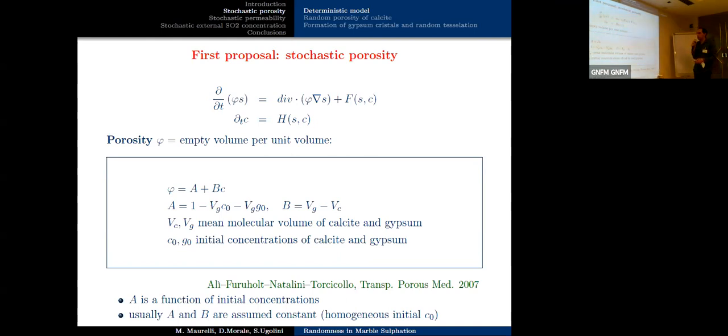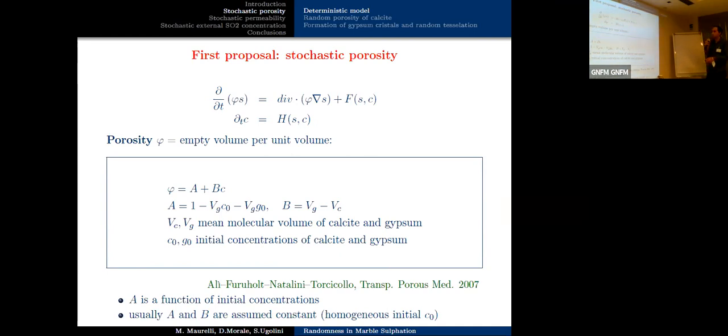Again, I was lucky because Roberto Natalini already showed how to express the porosity, under certain assumptions, as a linear function of the calcite concentration, right? But here you see that we need these coefficients. You don't care much about the form of these coefficients, but there are some constant quantities, which are the mean molecular volume of calcite and gypsum.